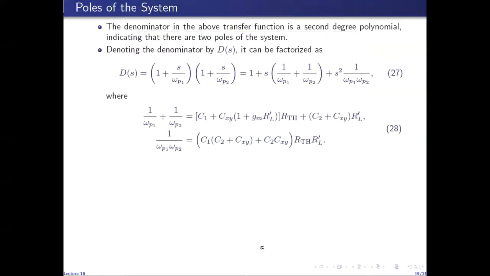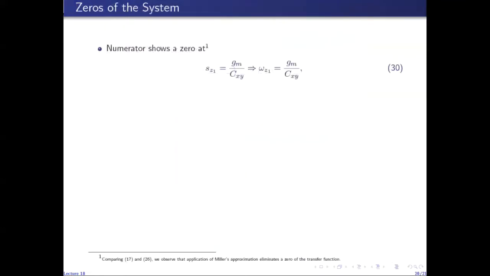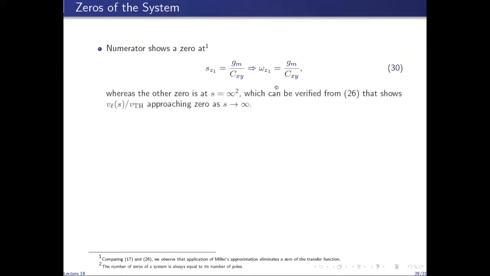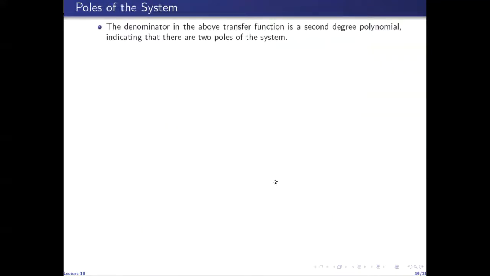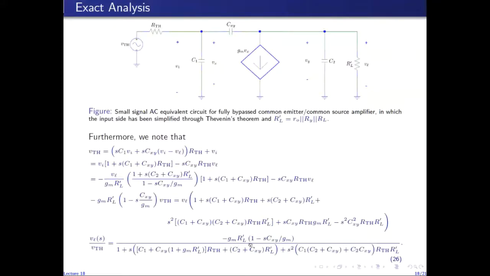So the finite frequency zero is given by gm over Cxy. And like I said, the other zero is at infinity. And you can verify it from this overall transfer function in 26. If I assume s to be infinity, then I can divide in the numerator as well as in the denominator each term by s.